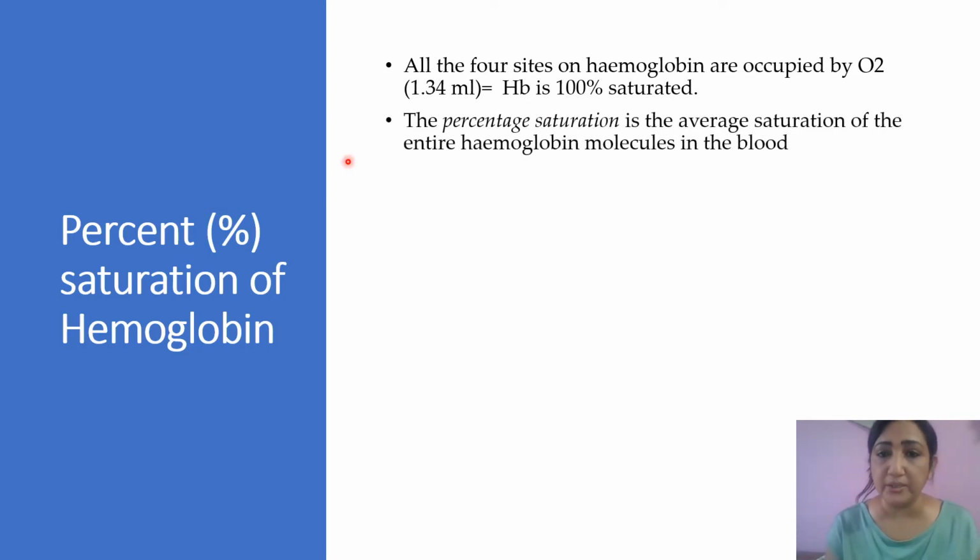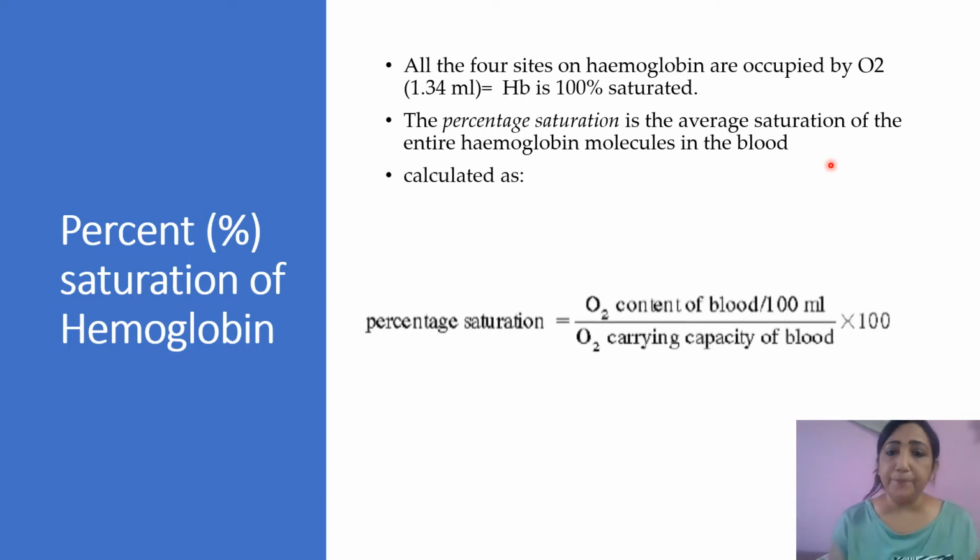Percentage saturation means the average saturation of the entire hemoglobin: how much hemoglobin that person has, and what percentage of the hemoglobin is saturated with oxygen. How can we calculate it? It is calculated from the oxygen content of the blood per 100 ml, say 19.8. The total oxygen content of the blood, divided by the oxygen carrying capacity of the blood, into 100, is the percentage saturation of hemoglobin.